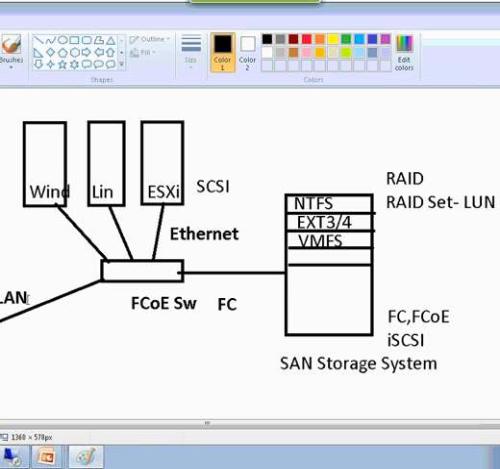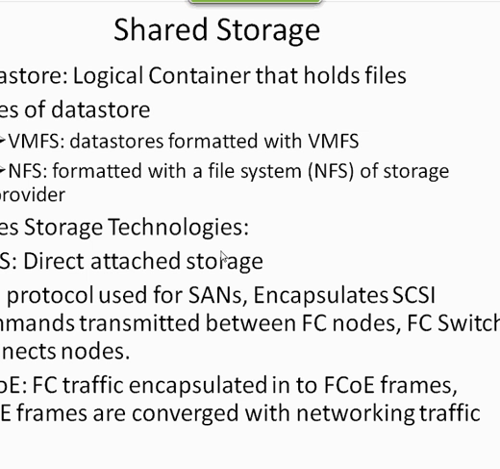On the other side, it can be connected to your local LAN. Why? Because the FCoE switch can handle FC protocol and FC traffic, as well as your Ethernet traffic. So fiber channel over Ethernet is also a protocol used in SAN, which will encapsulate FC traffic into FCoE frames. Then FCoE frames are converged with networking traffic.